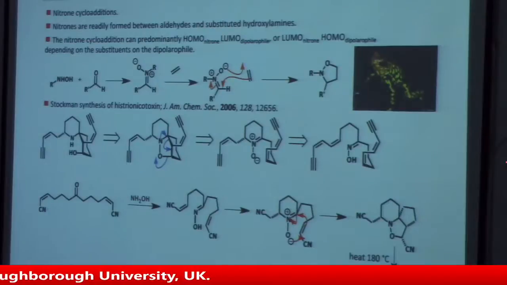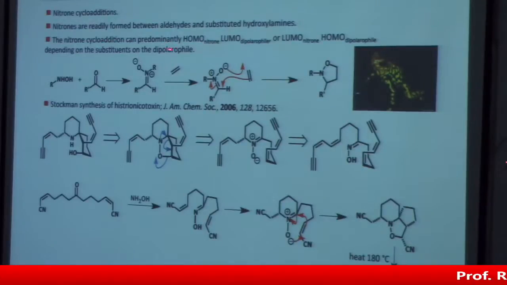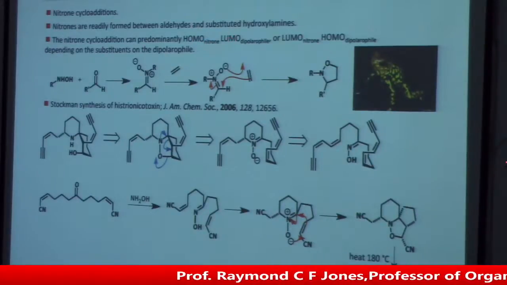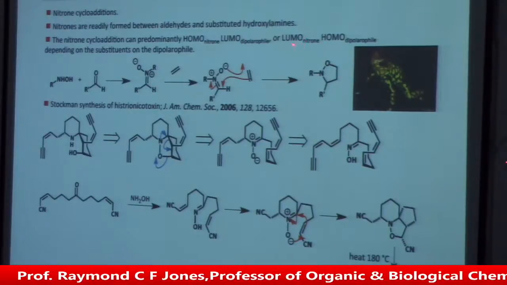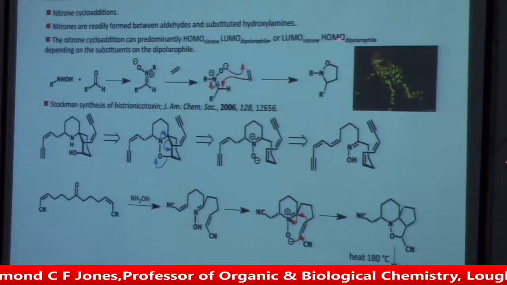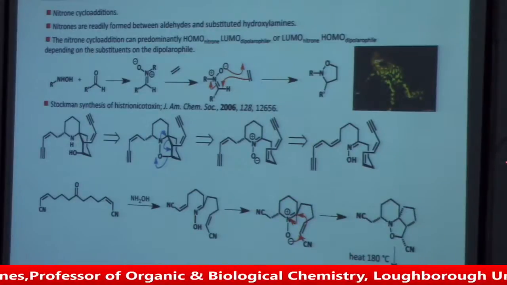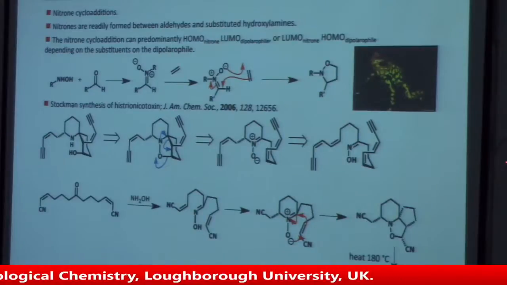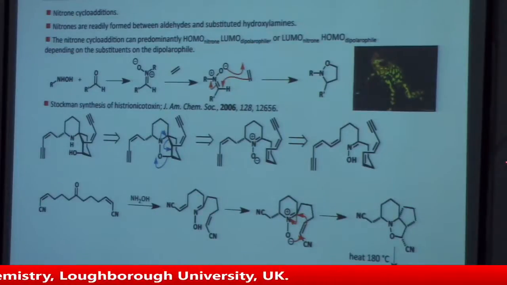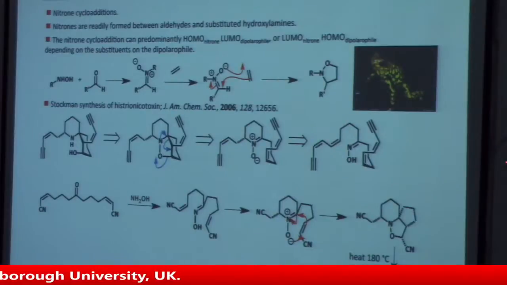Or actually, I didn't make a point here, but nitrones, depending on all the various substituents, you can have either HOMO-nitrone LUMO-dipolariphile as the lowest energy gap that controls it, or you can have LUMO-nitrone HOMO-dipolariphile as the controlling one, because it depends on the substituents on the dipolariphile, which I said, but I hadn't actually pointed out that it was already on the slide.